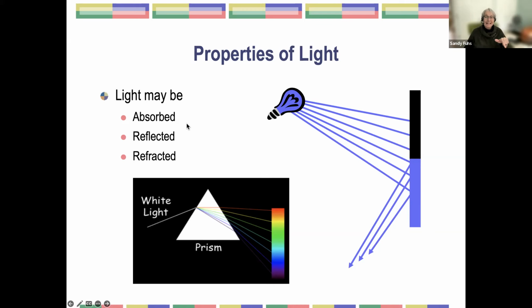Now, light can be absorbed, it can be reflected or refracted. This is refracted, where we break it into individual wavelengths for our eyes to see the bands. If it's absorbed, if I start with a blue light bulb, I'm seeing these wavelengths right here coming out of this light, no other wavelengths. However, if it hits something black, it's going to absorb it.